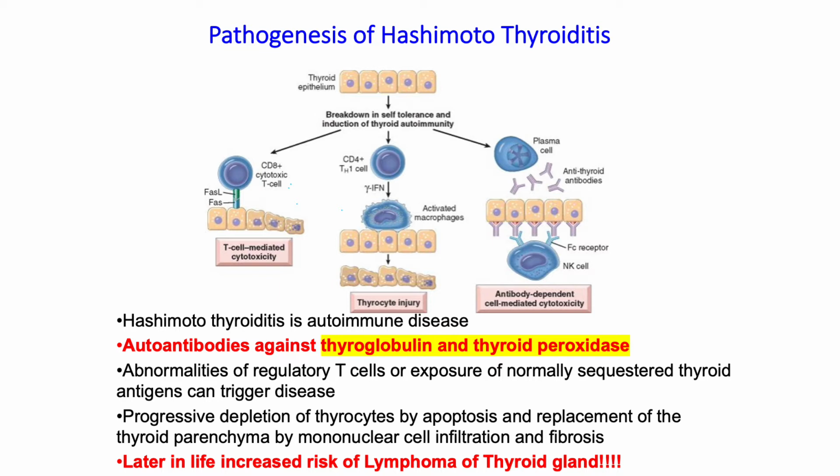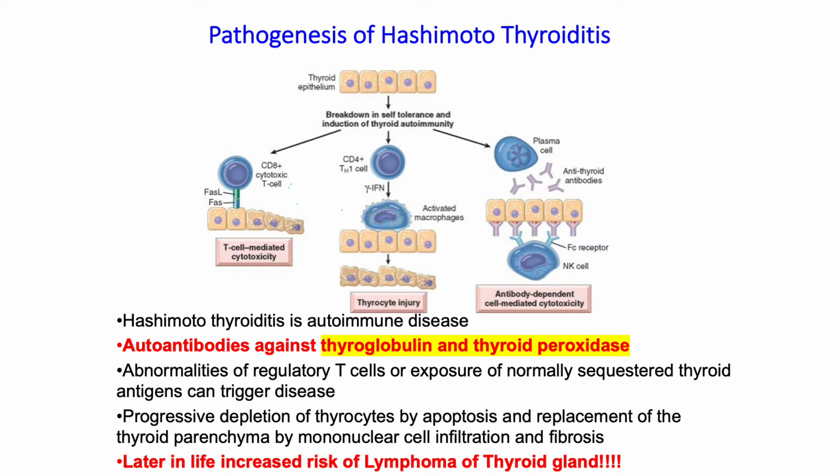So the pathogenesis of Hashimoto's thyroiditis reveals that there are autoantibodies against thyroglobulin and thyroid peroxidase that are quite commonly demonstrable in the sera of the patient.